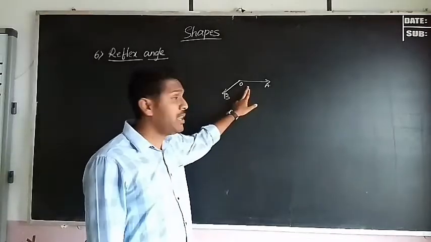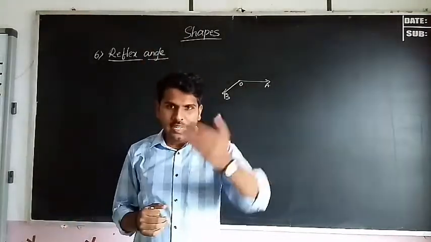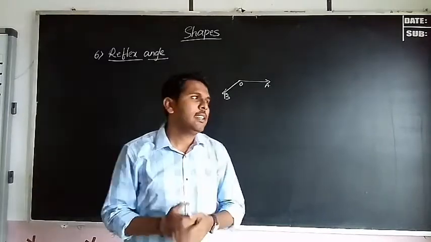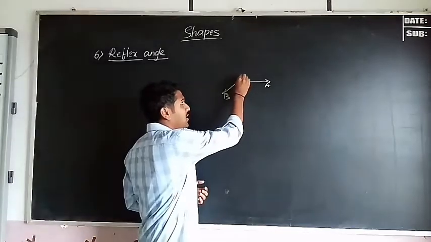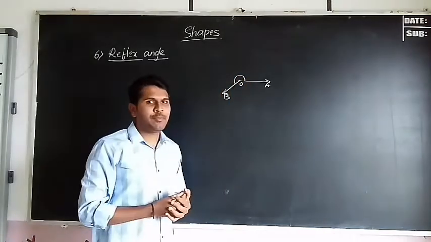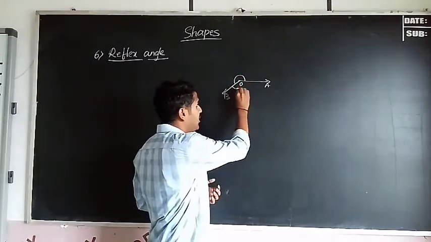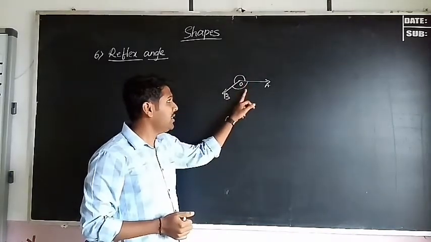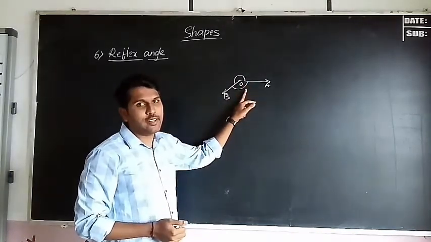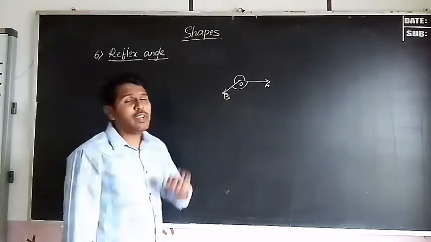The measure should be greater than 180 and less than 360. So here two angles are there. This is one angle and this is also one angle. Two angles are there.